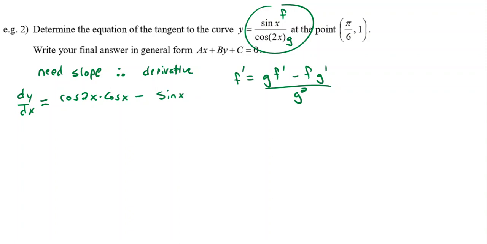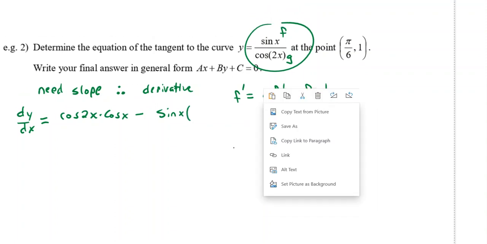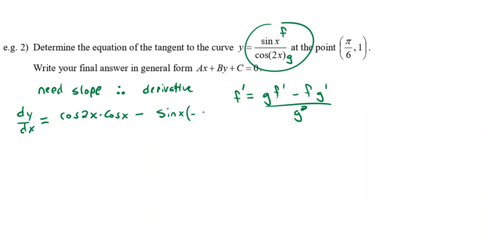So anyway, sine x, and then times the derivative of g would be negative sine 2x times 2, just the derivative of the inside. And then that's all over cos 2x and then squared.